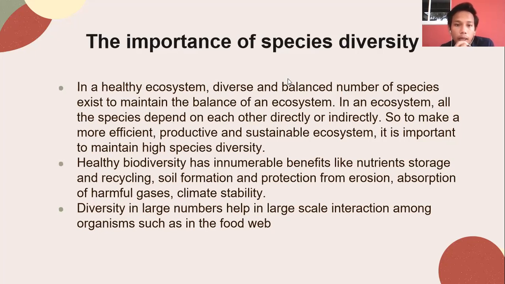Healthy biodiversity has innumerable benefits like nutrient storage and recycling, soil formation and protection from erosion, absorption of harmful gases, and climate stability. Diversity in large numbers brings large-scale interaction among organisms, such as in the food web.